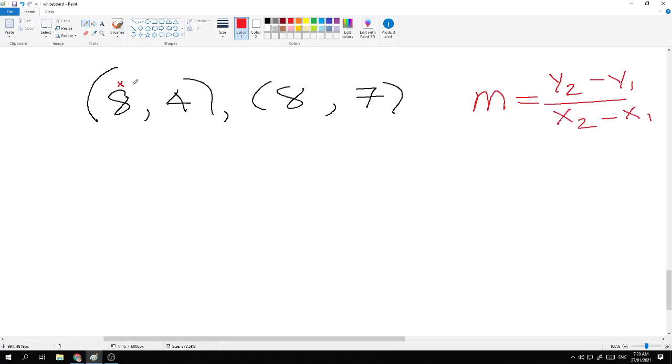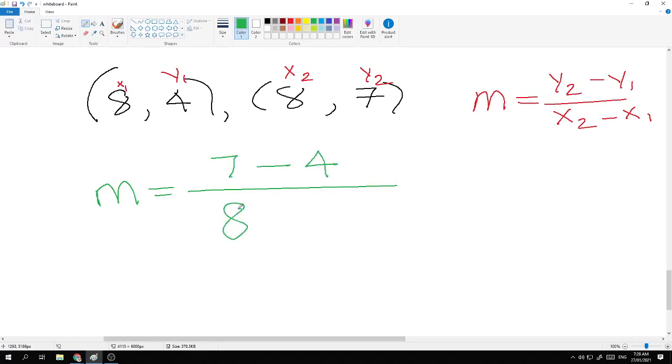This is x sub 1, y sub 1, x sub 2, y sub 2. Let's substitute everything to our formula. So m is equal to 7 minus 4. What about the denominator? 8 minus 8.